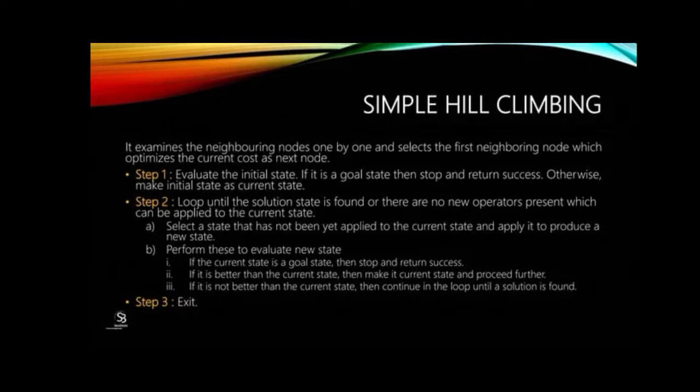If it is a goal state, then stop and return success. If it is better than the current state, then make it the current state and proceed further. If it is not better than the current state, continue in the loop until a solution is found. Step 3: exit.